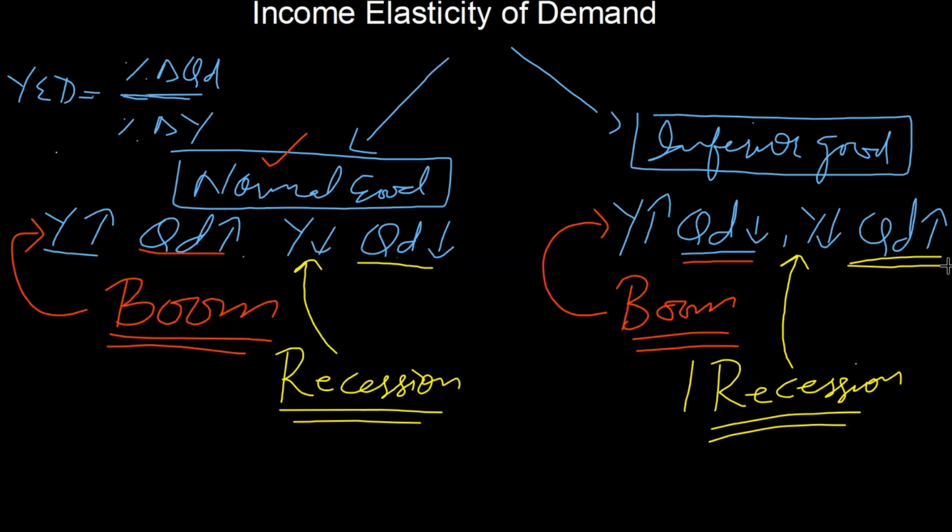So the overall benchmark of this scenario is that in an economic boom, producers should go for normal goods and produce a lesser quantity of inferior goods, and during the period of economic recession they should produce a lesser quantity of normal goods and go for producing more quantity of inferior goods.